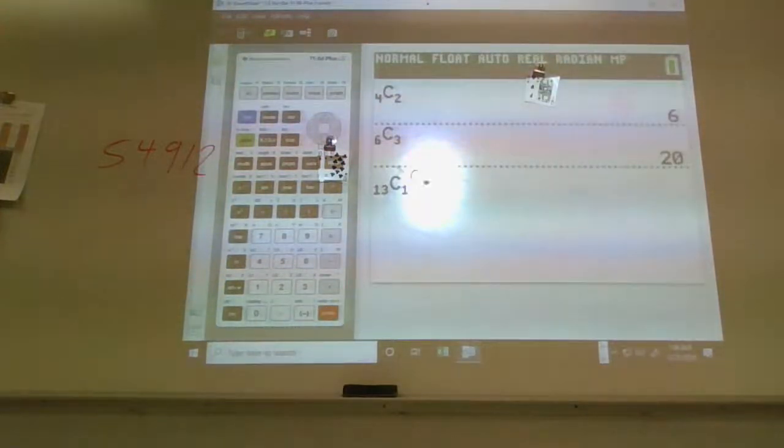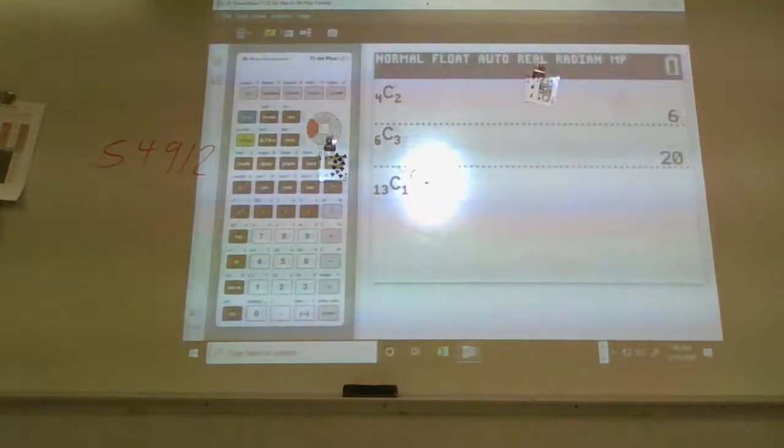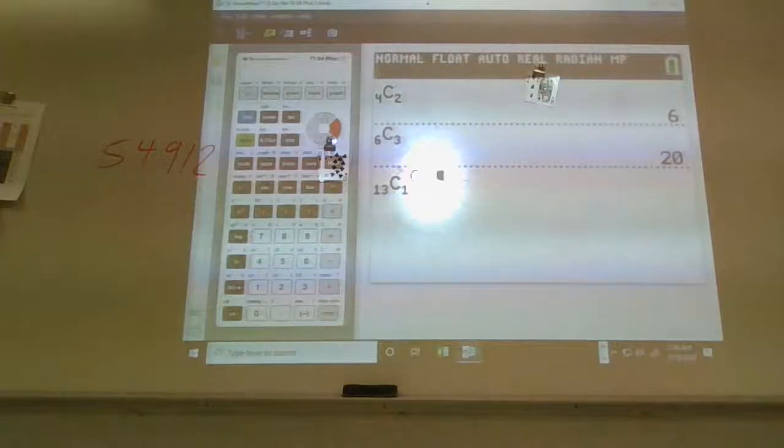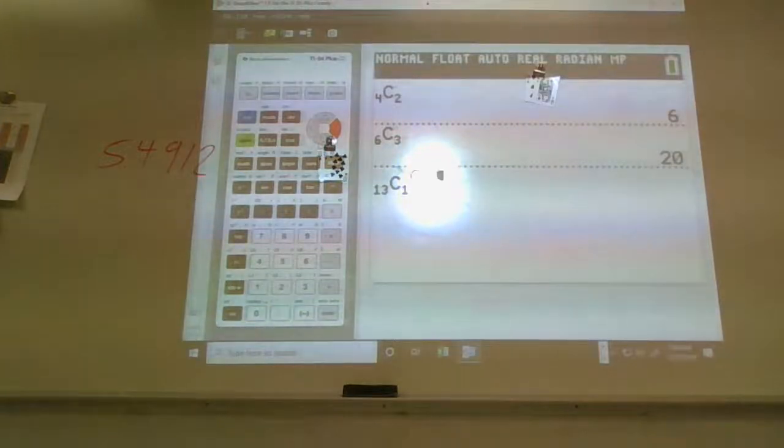nCr. Now, if you notice right here, something got a little messed up. You see what's happening here with this thing? Oh man, if only there was something in mathematics that could save me. If there was only something that my Algebra 2 students would remember that I said all year long that would save you.